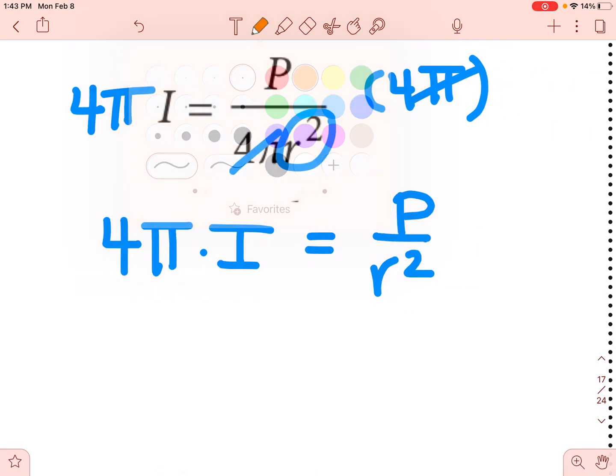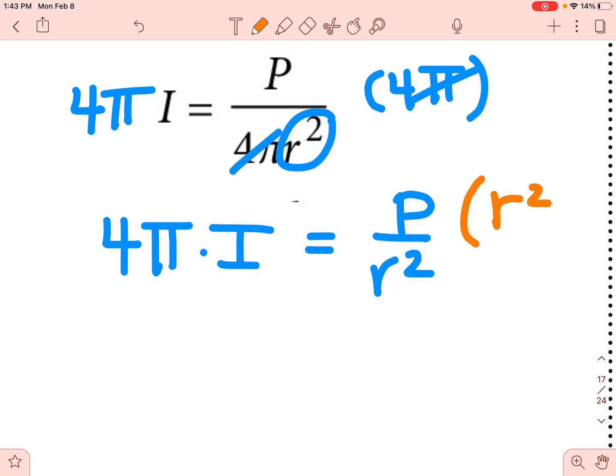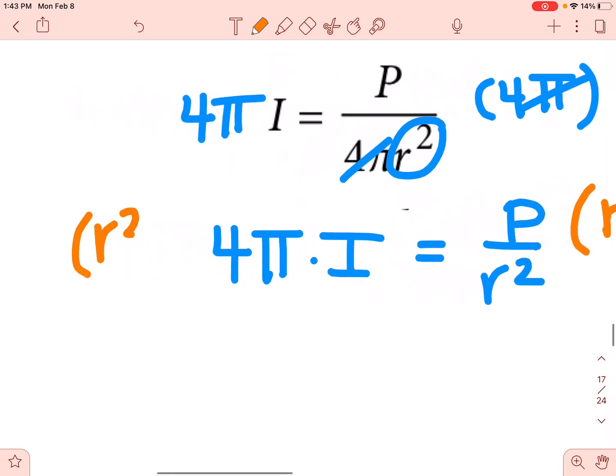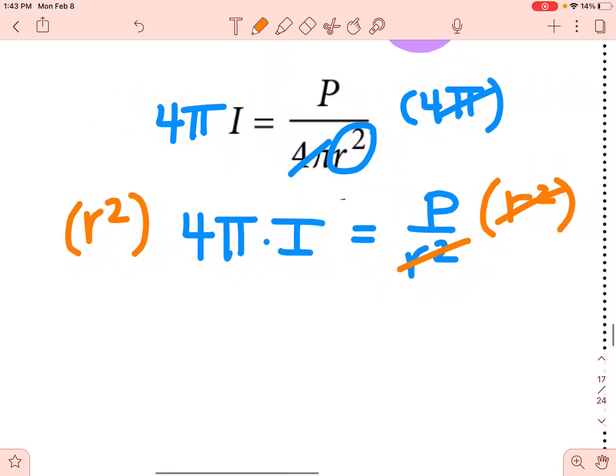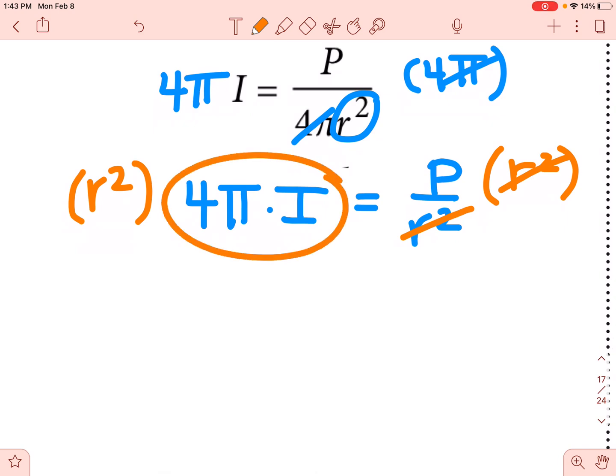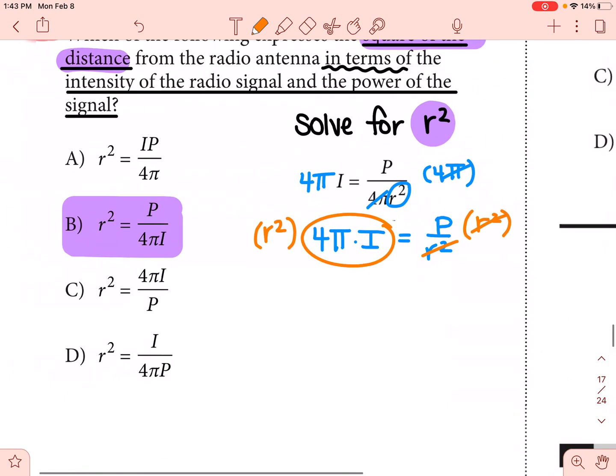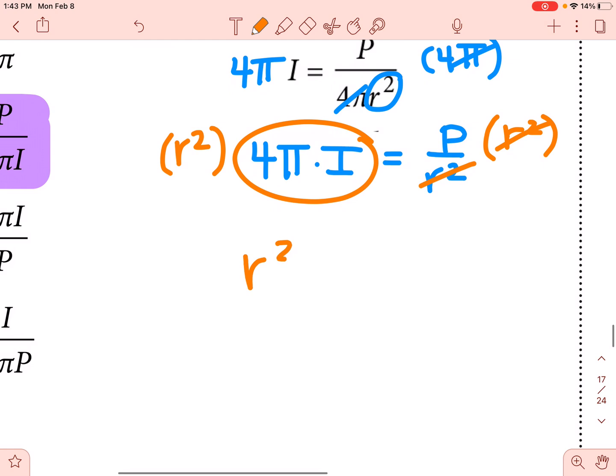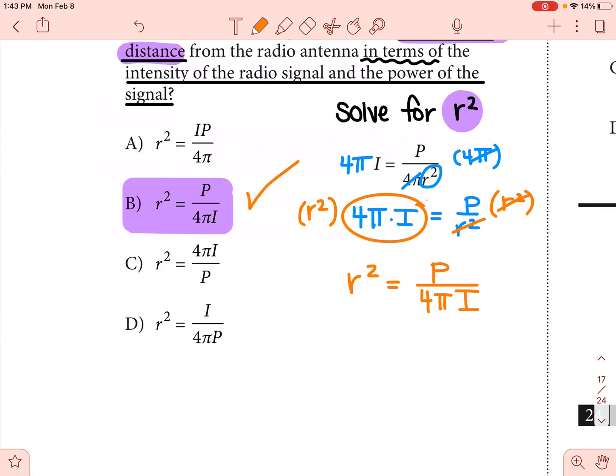Lots of different ways to solve this. I would probably multiply over the R squared. And then to get the R squared by itself, I would divide over this 4 pi I. So it would leave me with R squared equals P over 4 pi I, which is answer choice B.